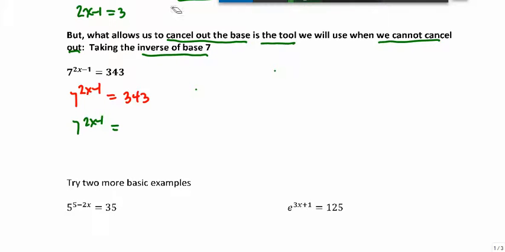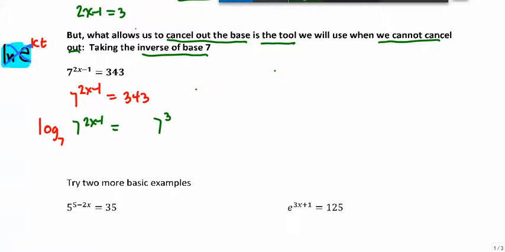So I'm going to give myself a little bit more room here. The inverse of base 7 is log base 7, just like when we had problems that had e. To get rid of this e, we did the natural log, because anytime I do a base and its inverse next to each other, they cancel out.